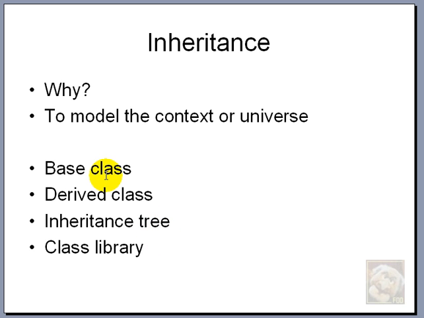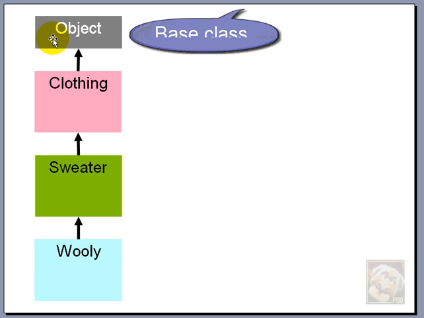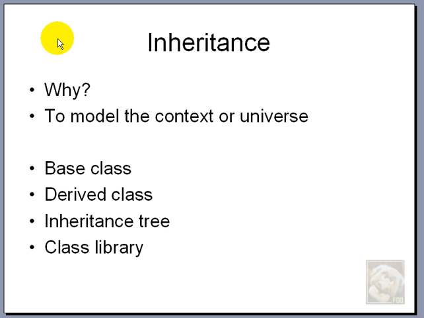So what is a base class? Well, in any single context you can think of, a base class will be object. So in our world, everything is an object. Object is the most general concept we can think of. Now, base classes have derived classes or derived concepts.